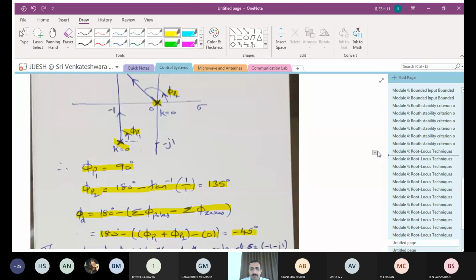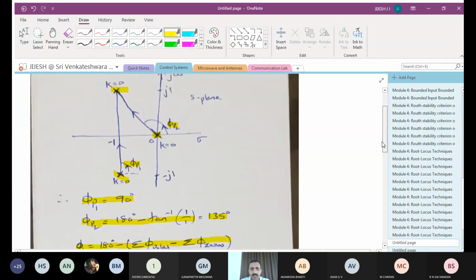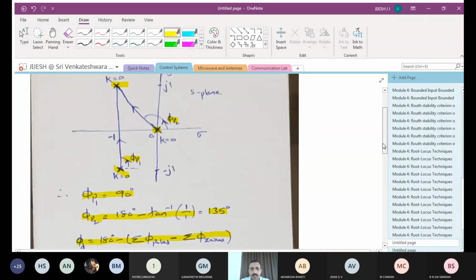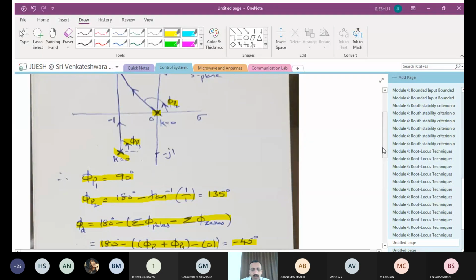So this is what you have to do. You can just make a note of these things, the figure and a few equations here where you can find the angle of departure, and you can get it as minus 45 degree. So all of you got minus 45 degree?